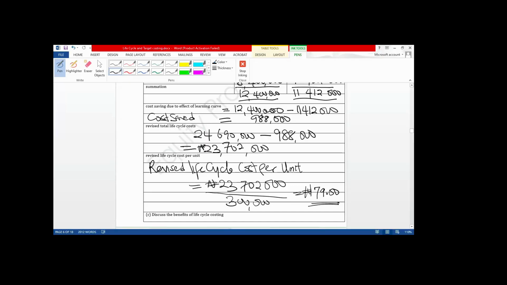All right, the C part says, discuss the benefits of life cycle costing. What are the benefits? Why should a company adopt life cycle cost?